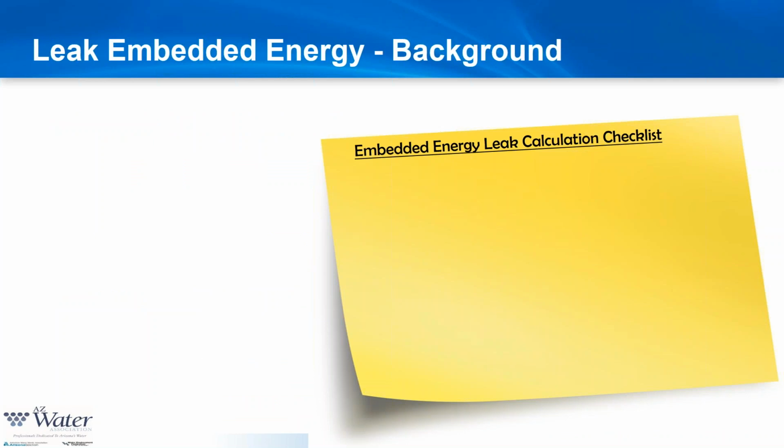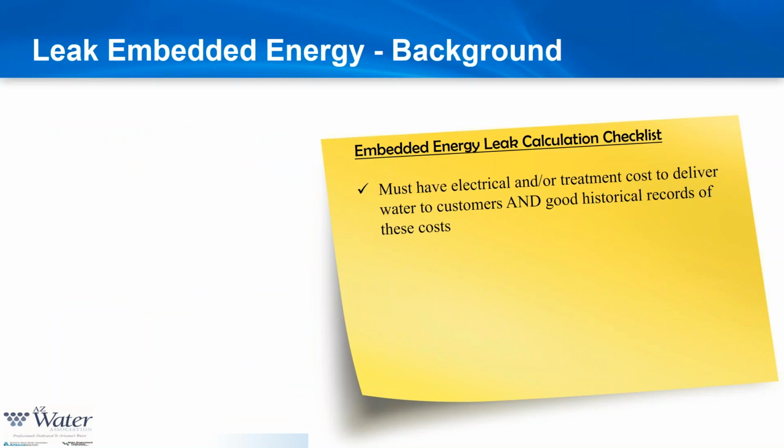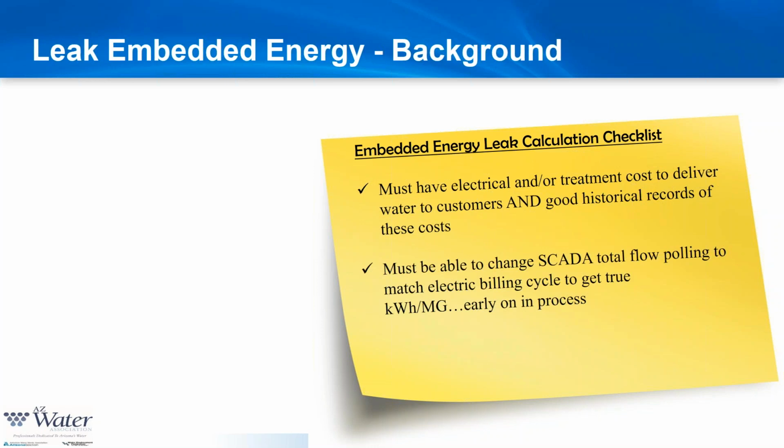So here's our checklist. You've got to have good electrical and/or treatment costs to the customers and good historical records of these costs. If you're pumping and treating the water in your system and not relying on somebody giving it to you, that tends to be one of the boxes you want to check. And you have to have good historical records of the kWh and kW. You need to change the SCADA data total flow polling to match the electrical billing cycle to get a true kWh.